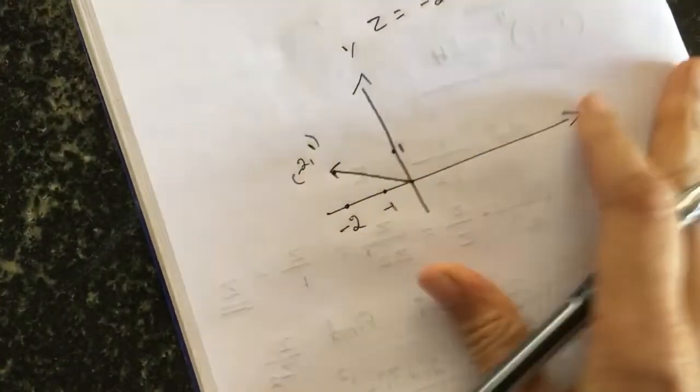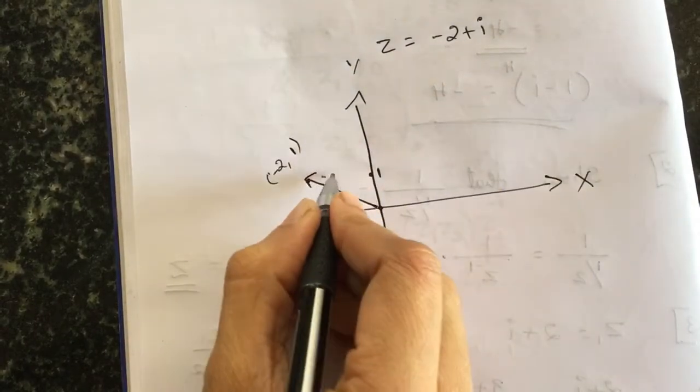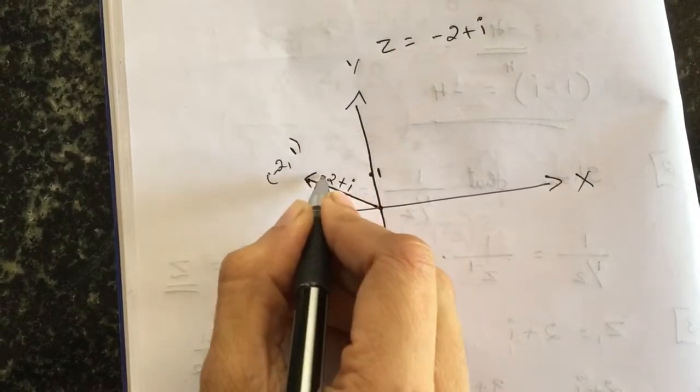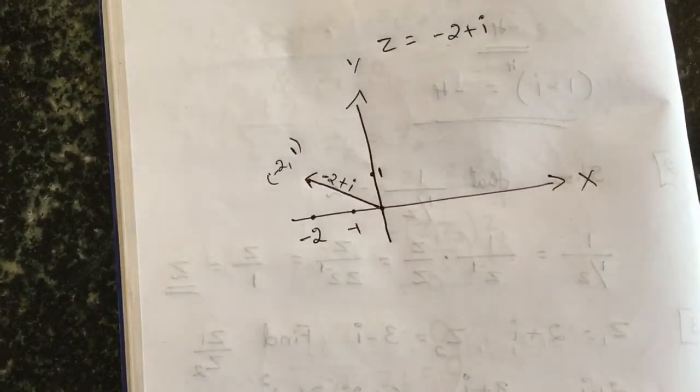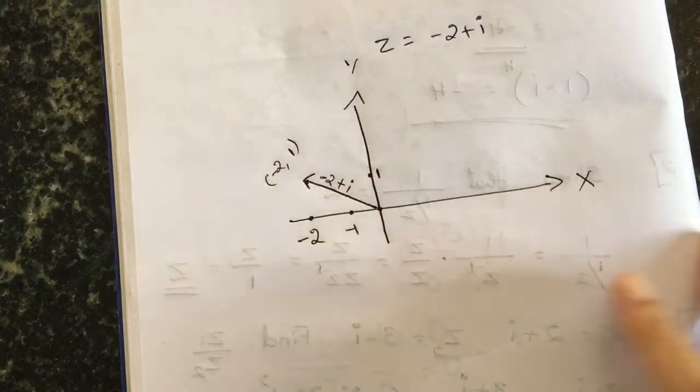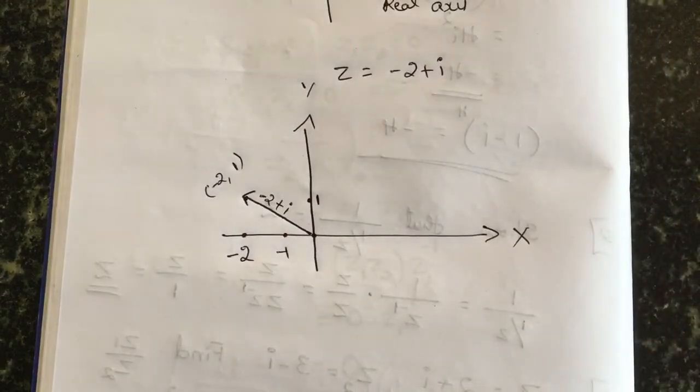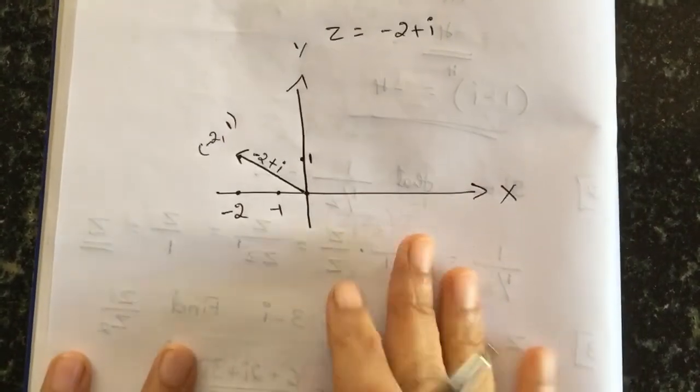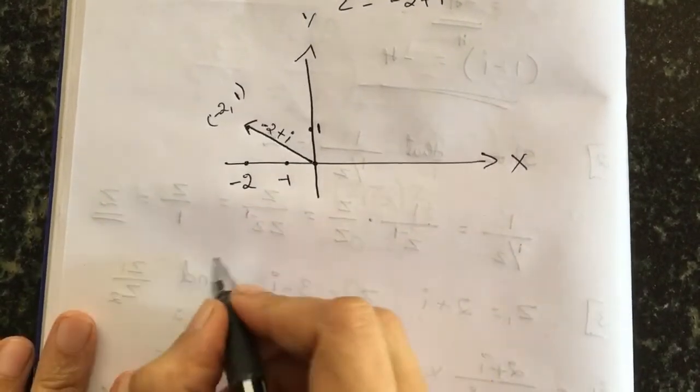This is a vector representing the complex number minus 2 plus i.